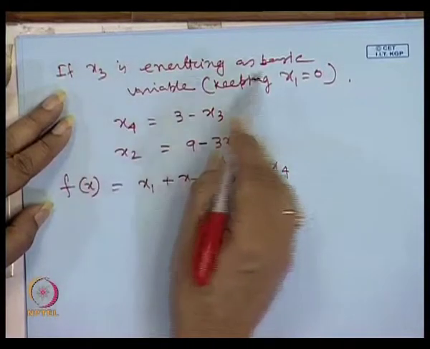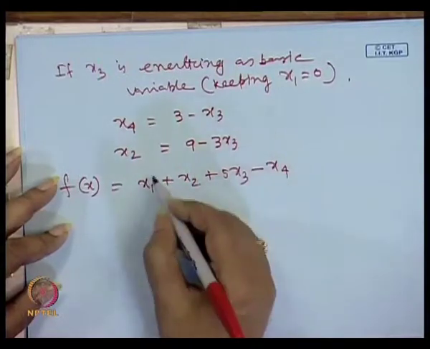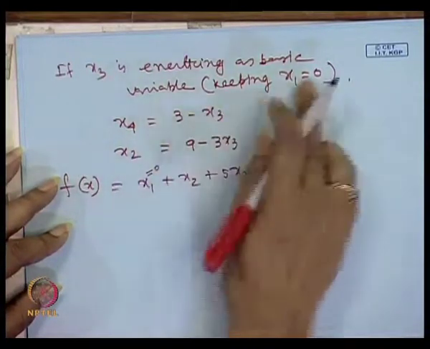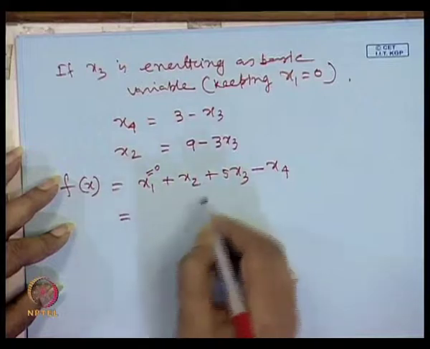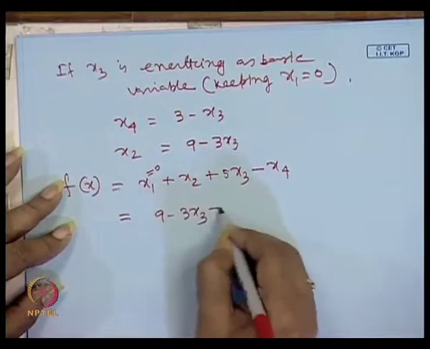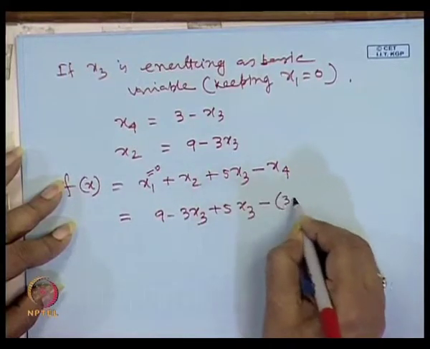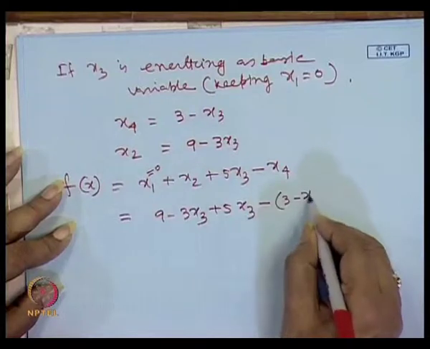So, x 3 is now entering as a basic variable, that value is not equal to 0 and x 1 value is now 0. So, x 2 is 9 minus 3 x 3 plus 5 x 3 minus x 4, and I am writing x 4 value as 3 minus x 3.